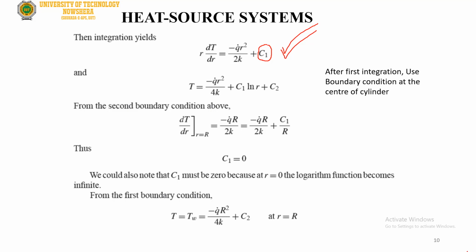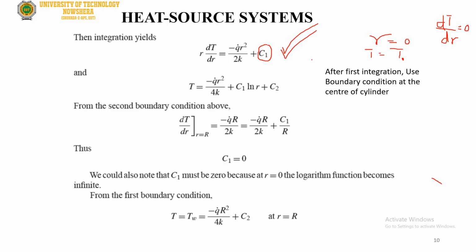When we are at the center of the cylinder, r is equal to 0 and temperature is maximum temperature. We can also say that at the center the temperature gradient is 0. So this is basically the boundary condition at the center of the cylinder.